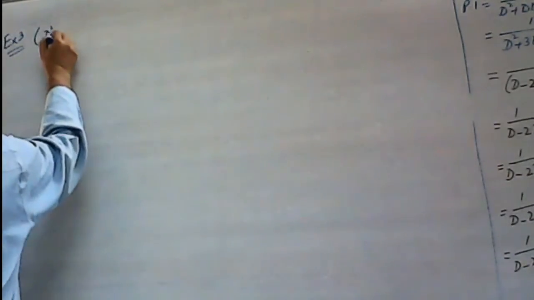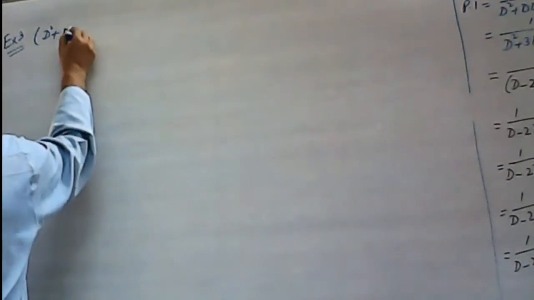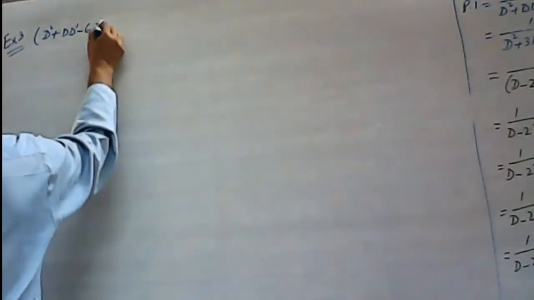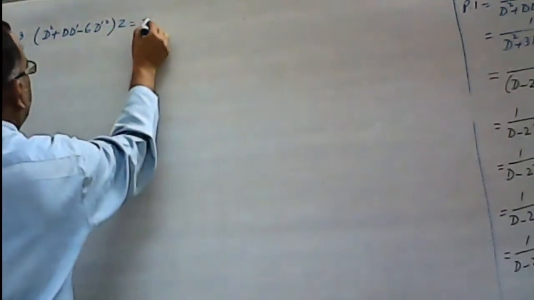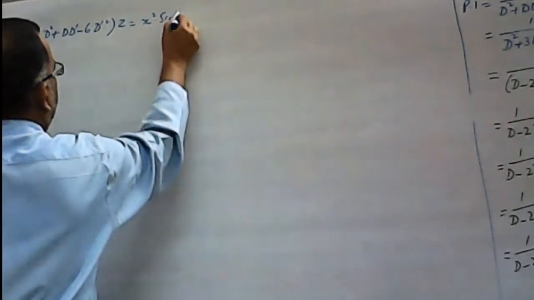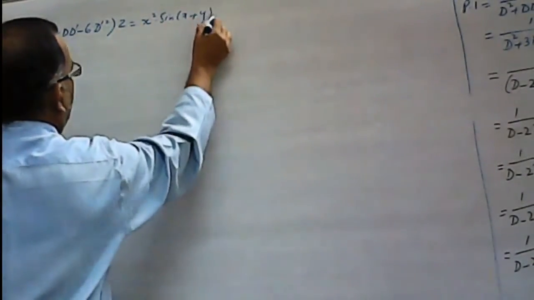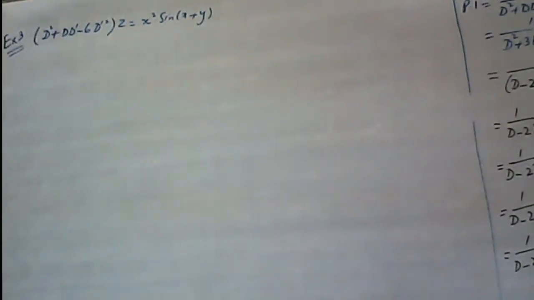Let's say we have (D square plus DD dash minus 6D dash square) of z is equal to x square sine of (x plus y). Let's say we have this kind of term.